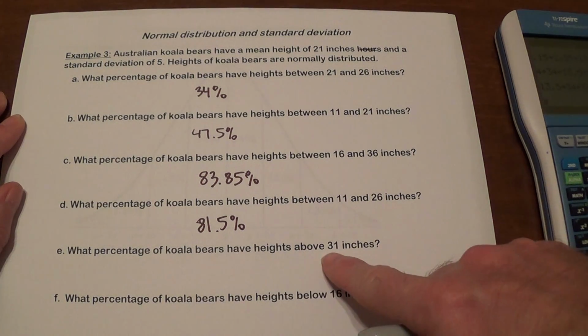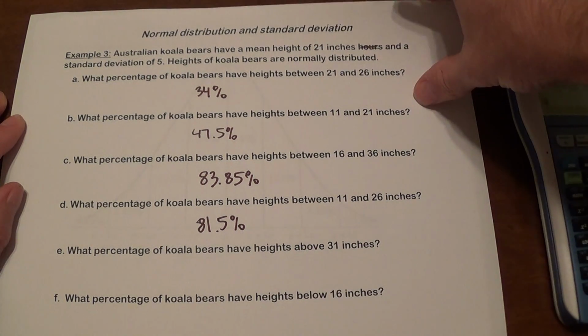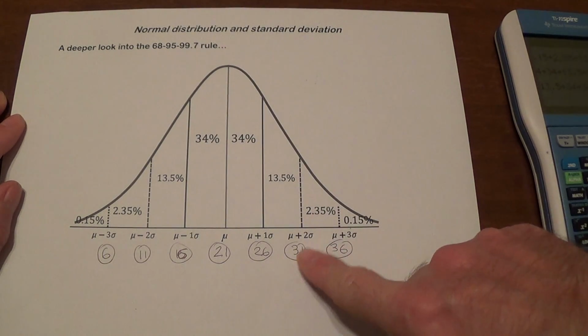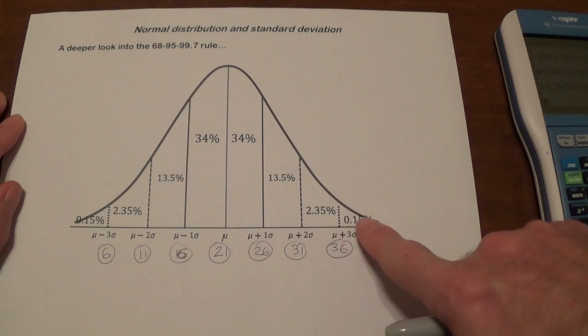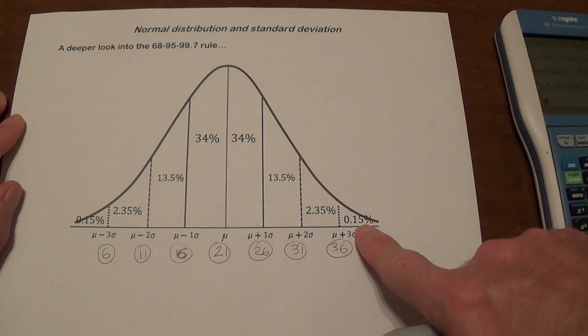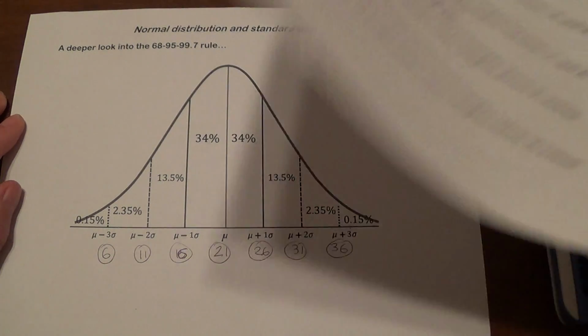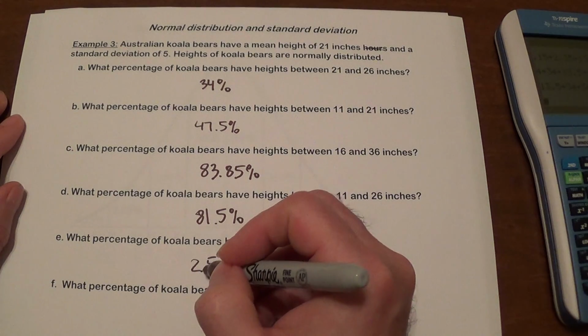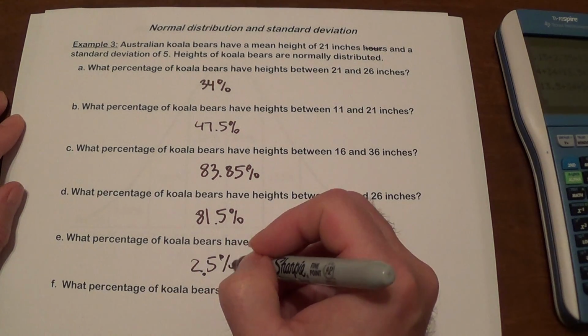What percentage of koala bears have heights above 31? Well, let's take a look. 31 is here. Above is going to be these two numbers added together. It's going to give us 2.5%. Alright.